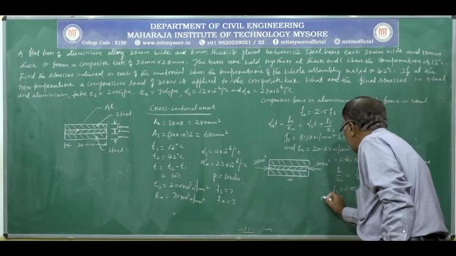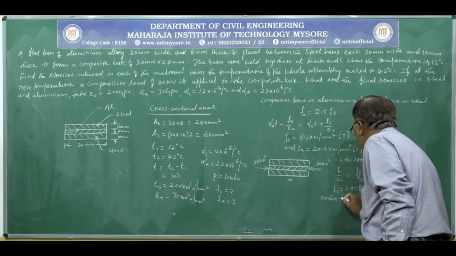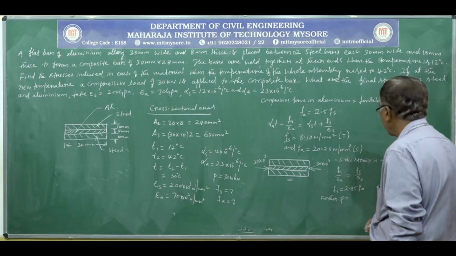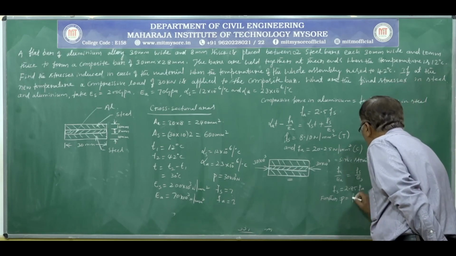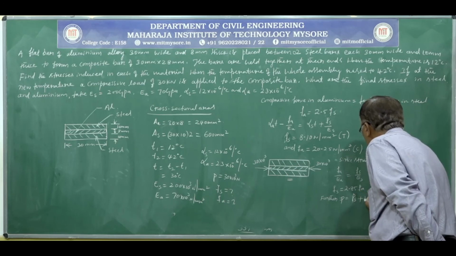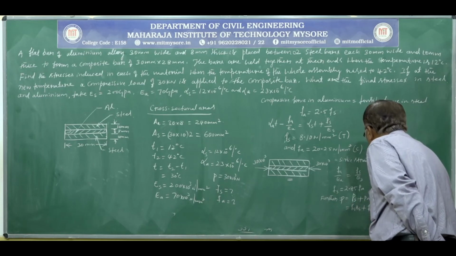Further, the load coming on the composite bar will be shared by different materials, depending upon their capacity. P is equal to Ps plus Pa, that is equal to Fs As plus Fa Aa.